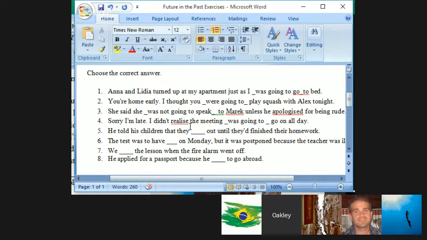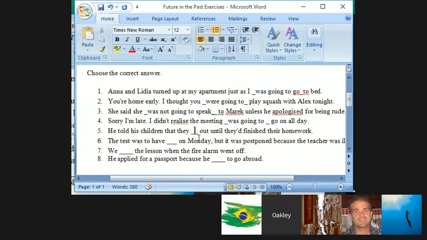The meeting was planned to go on all day. Maybe. You could say I didn't realize the meeting would go on all day, and the slight meaning change is that it was volunteered by the group to continue the meeting. Here, would and going to make very little difference in the meaning. So, okay. Antonio, number 5.